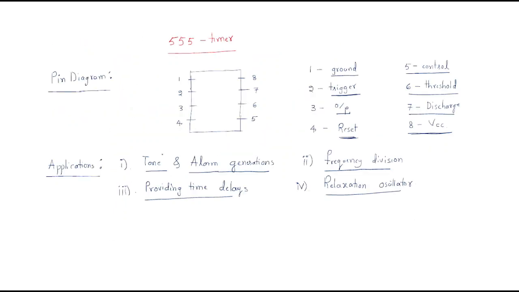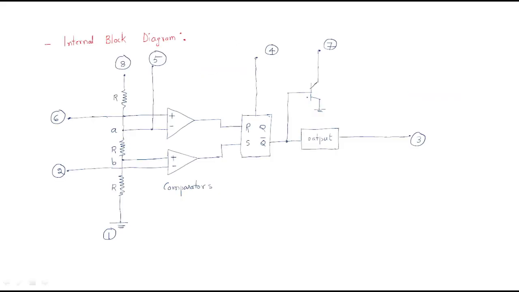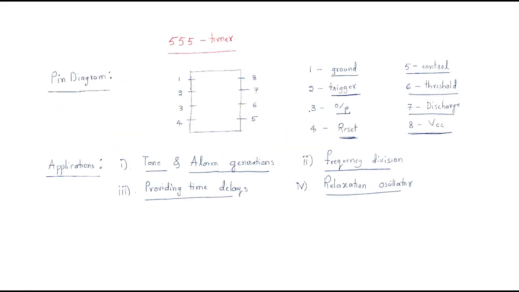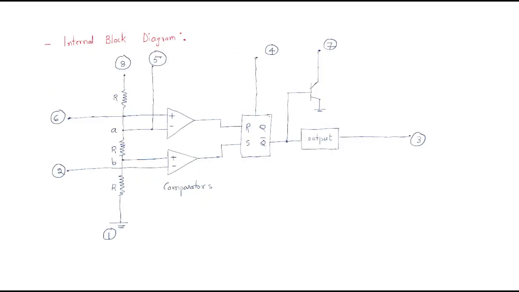Next, the fifth pin is the control. By using this pin, we can control the voltage. The output from the comparators is given to the flip-flops, which are the switching devices.